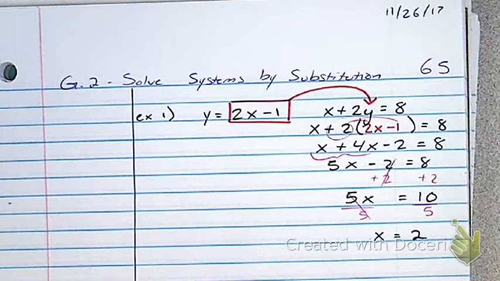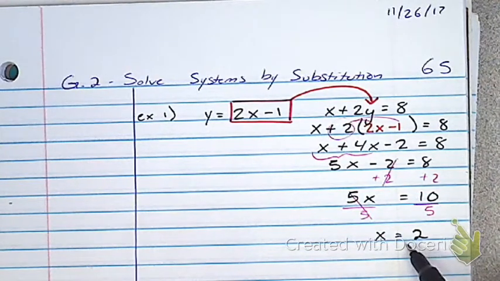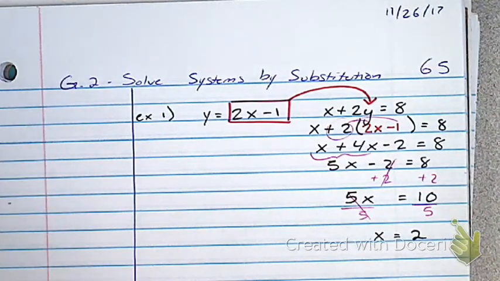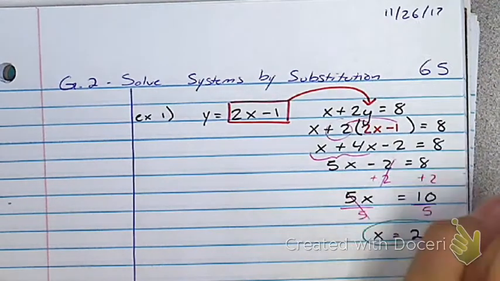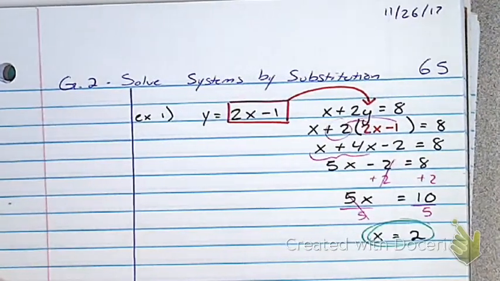Am I done? No. A solution is an ordered pair. It's an x and a y. I only have my x here. So you take this value. Guess what I'm doing with it? Plugging it back into the original.